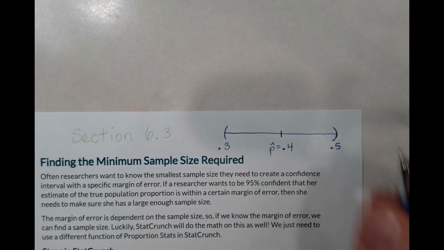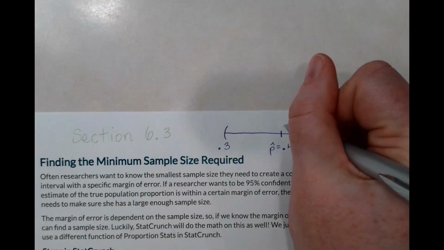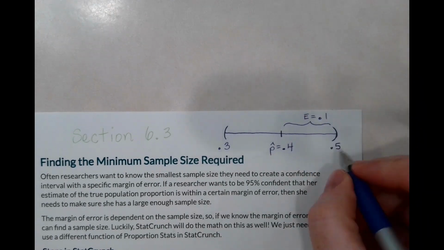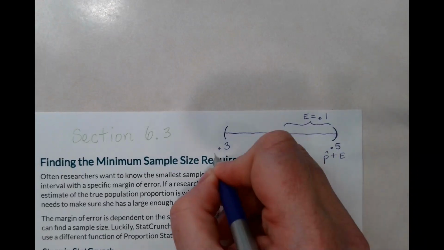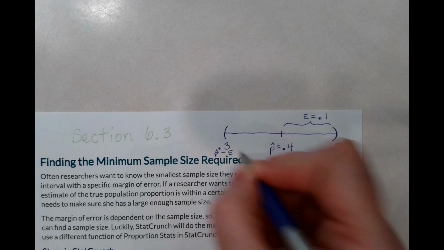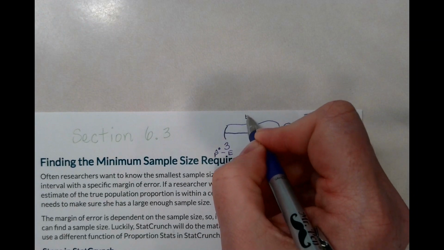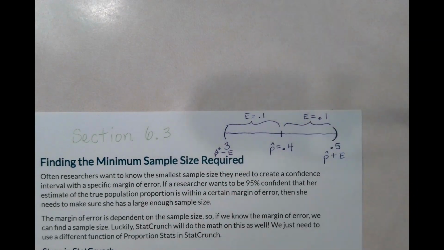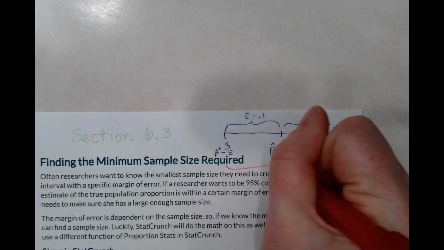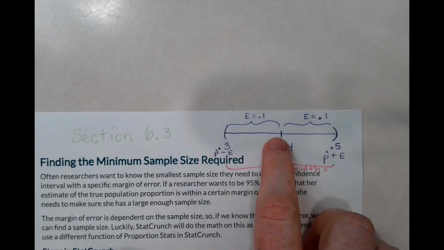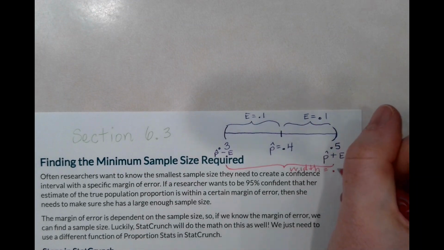And so the margin of error would just be 0.1, right? Because this number would be p hat plus the margin of error, and this number would be p hat minus the margin of error. So I've also got 0.1. But that means that my entire width is 0.1 plus 0.1, so 0.2.